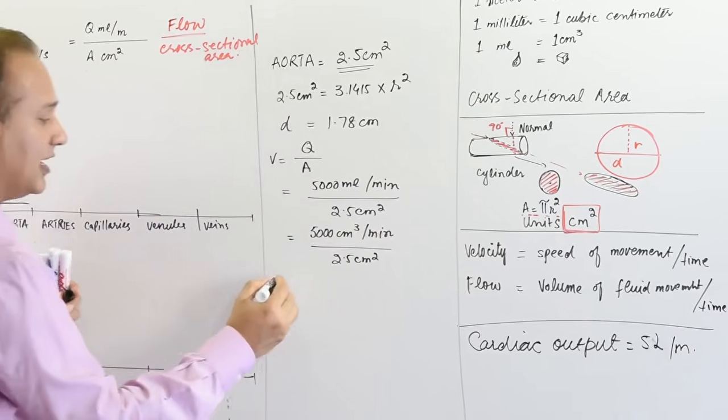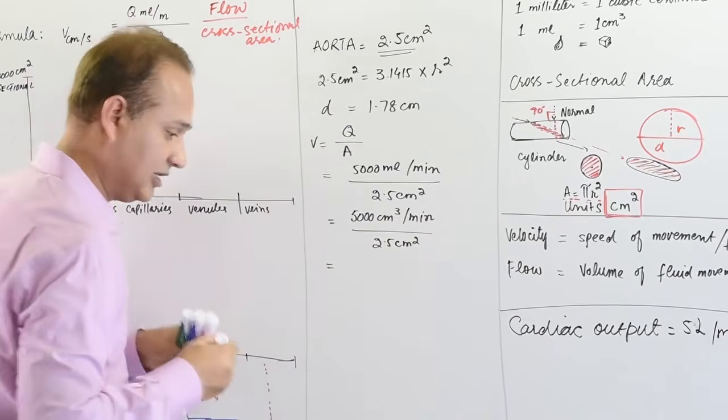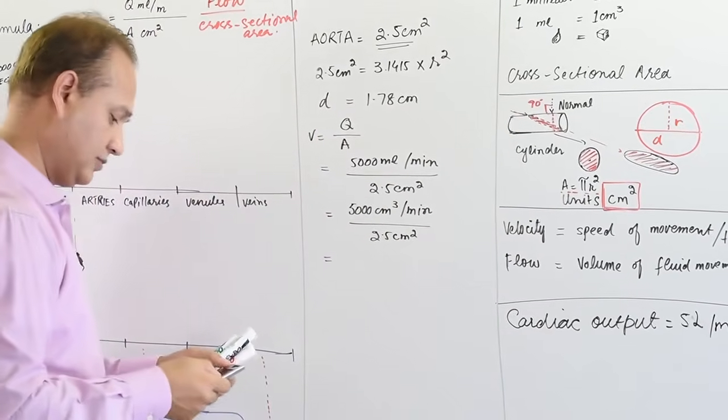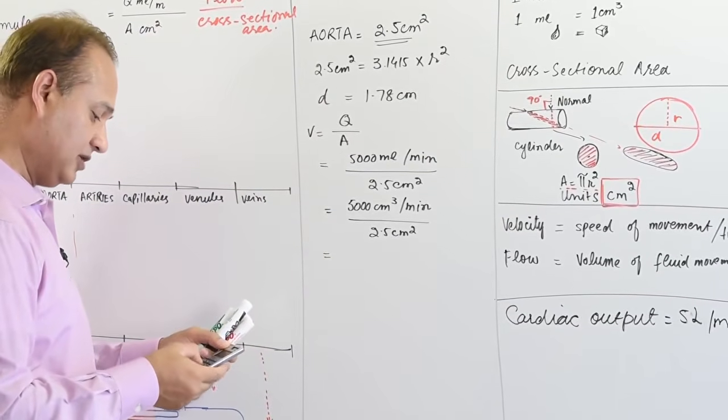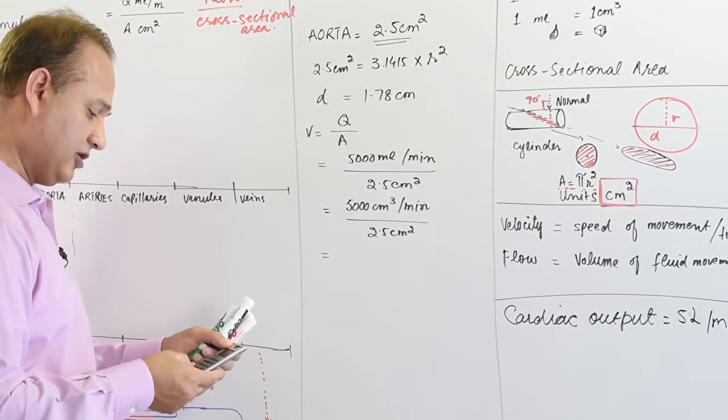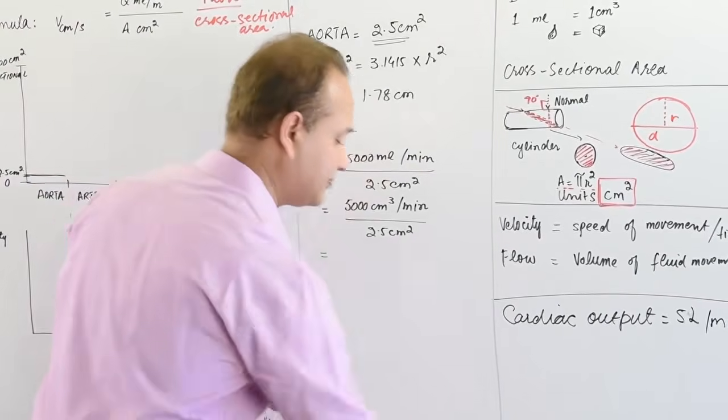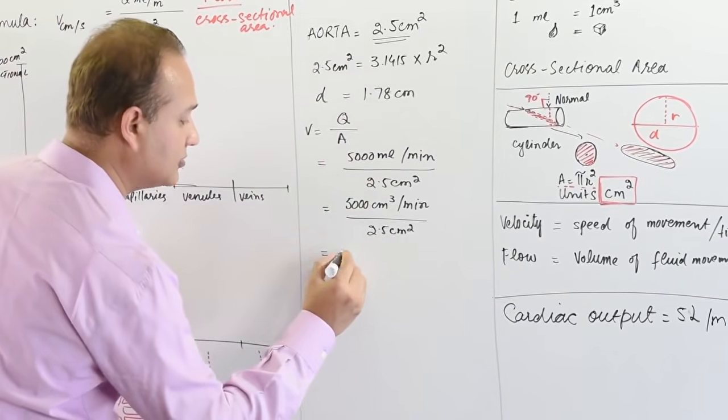If you solve that, it's really 5000 divided by 2.5, which is 2000.